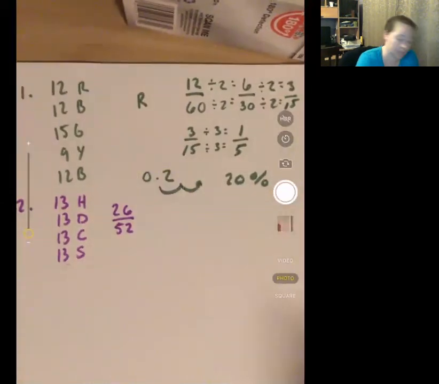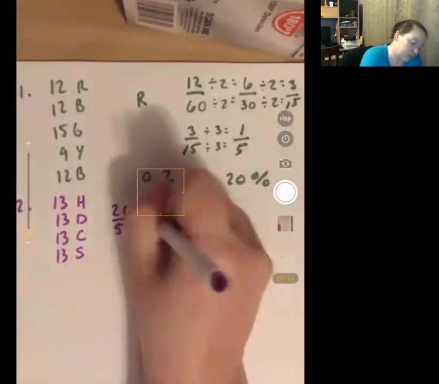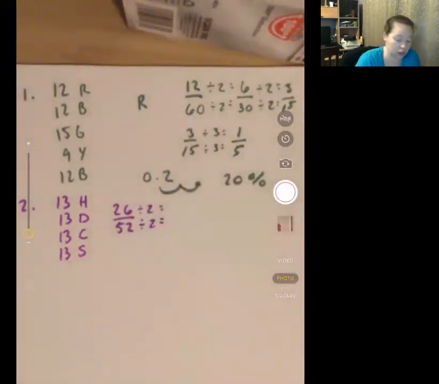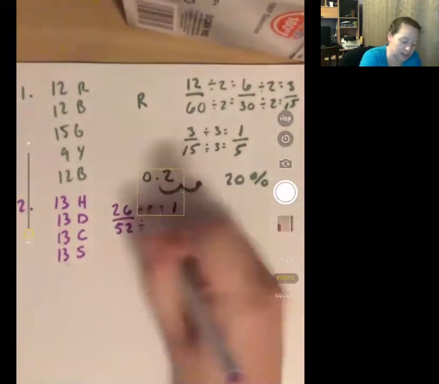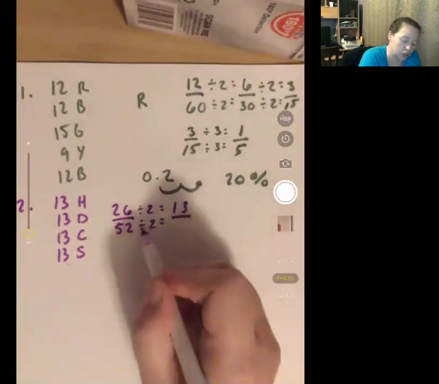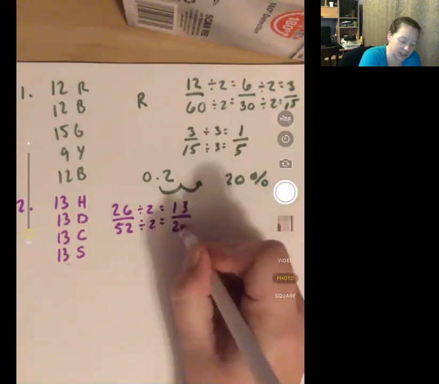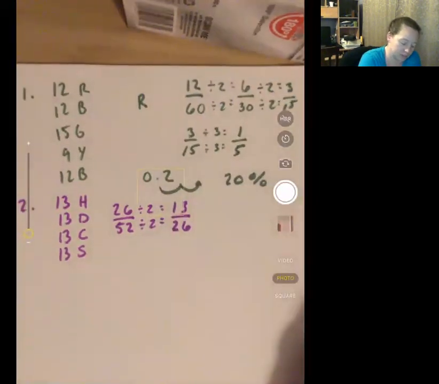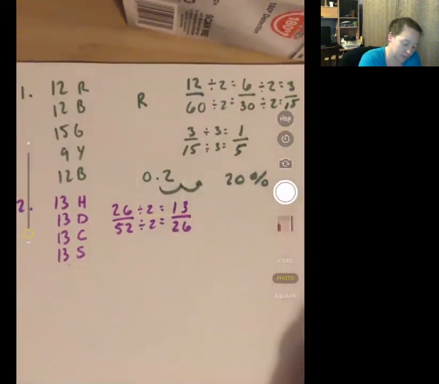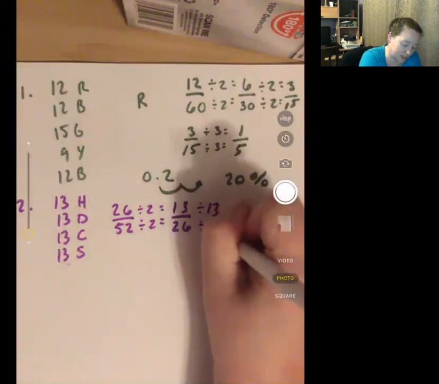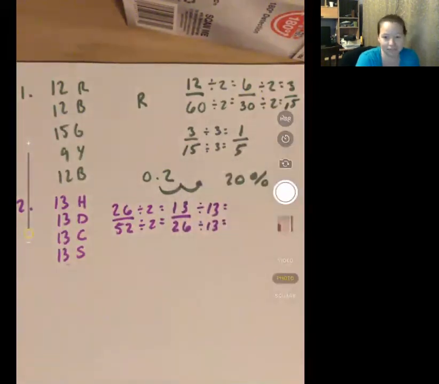Okay, I can take out a 2. 26 divided by 2. 2 goes into 2 once, into 6 3 times. 2 goes into 5 twice, into 12 6 times. I can take out a 13. I know that's not obvious to you, but I know I can take out a 13.